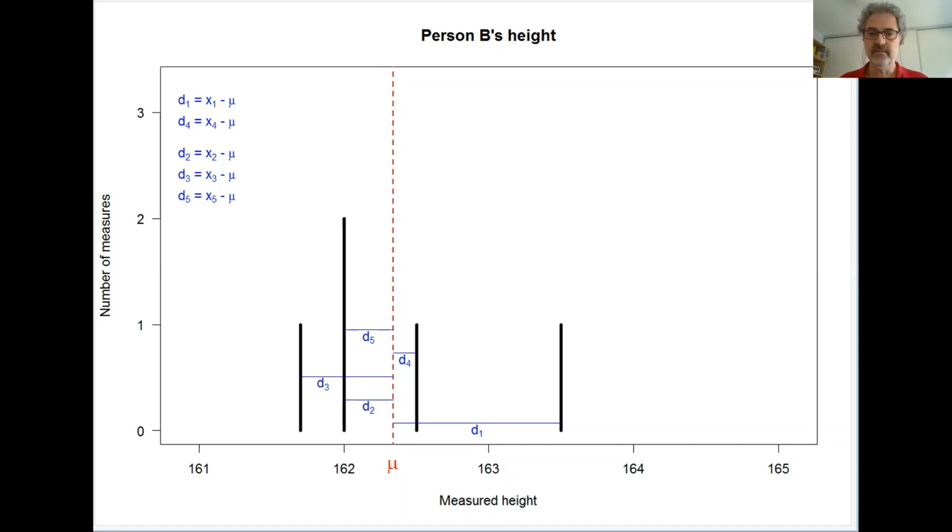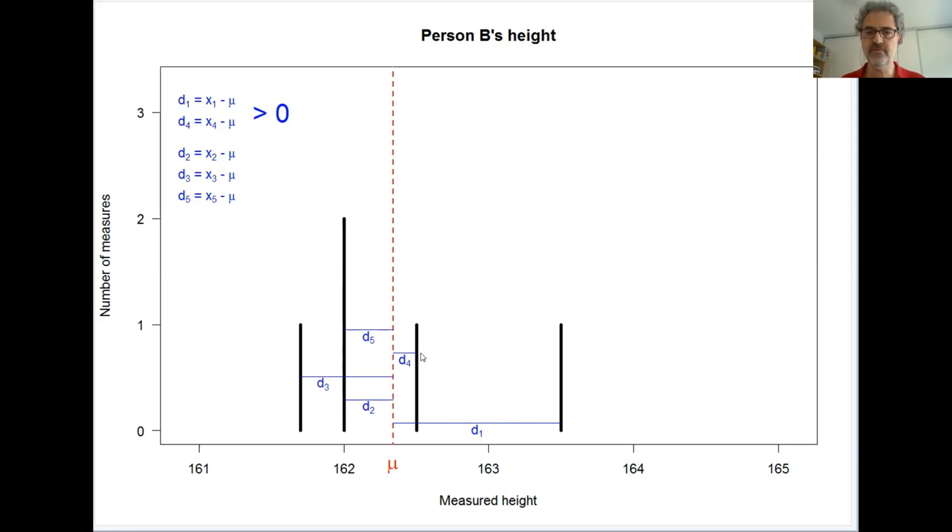Notice that the way that these are displayed, 2 of the measurements are to the right of this hypothetical line. So if we subtract this from that, we get a positive number. The same is true for this one. x1 minus mu will produce a positive number. This is a positive distance.